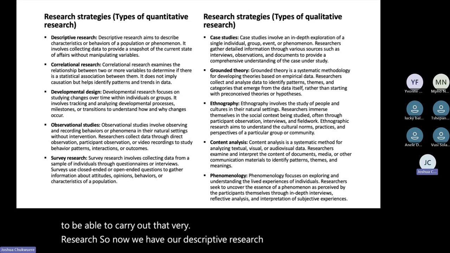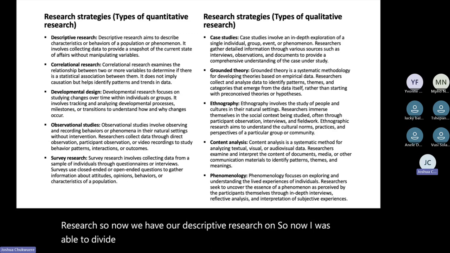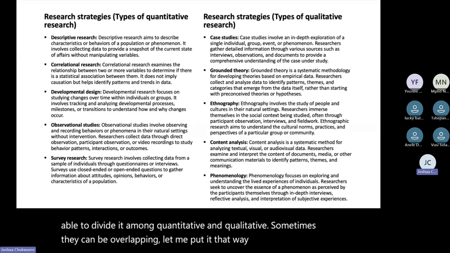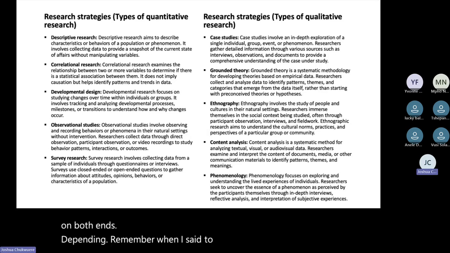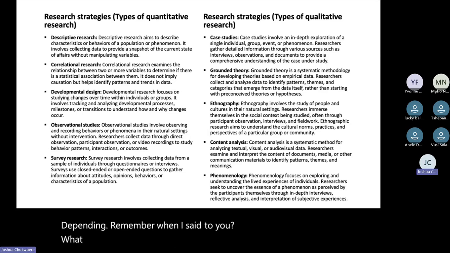So now we have our descriptive research. I was able to divide it among quantitative and qualitative. Sometimes they can be overlapping, let me put it that way, where you can use any of these strategies. Sometimes you can also use it on both ends, depending. Remember what I said to you, on the researcher you are following.